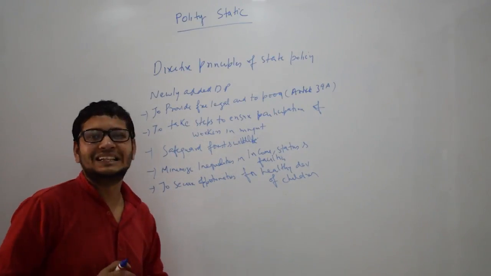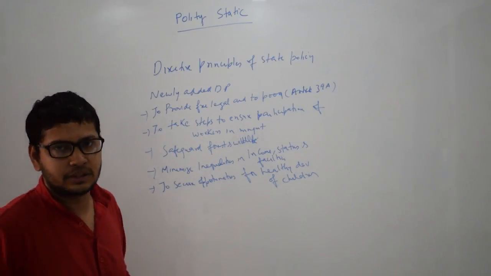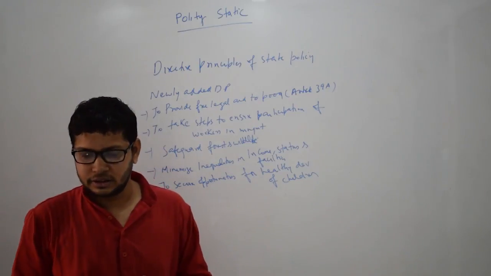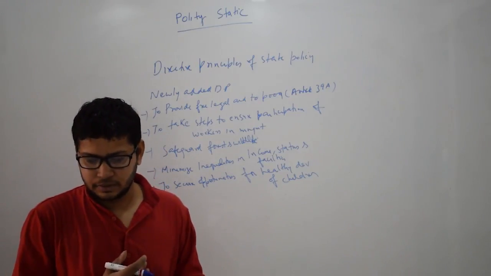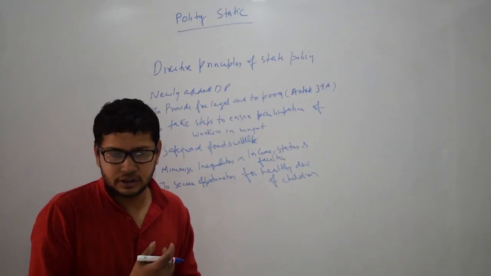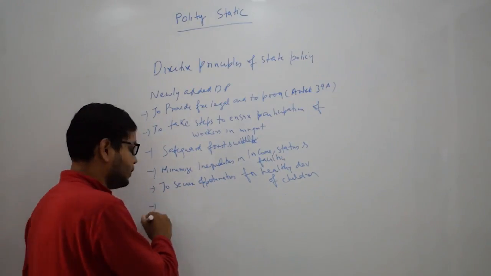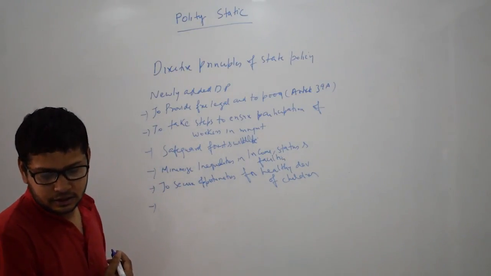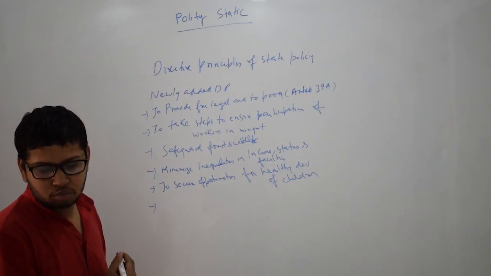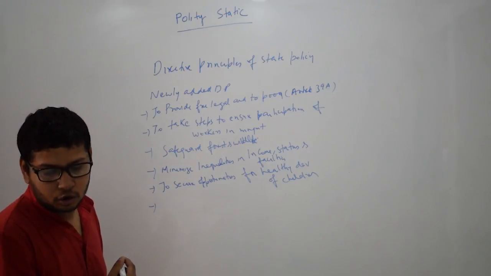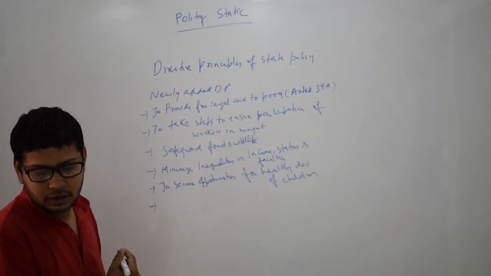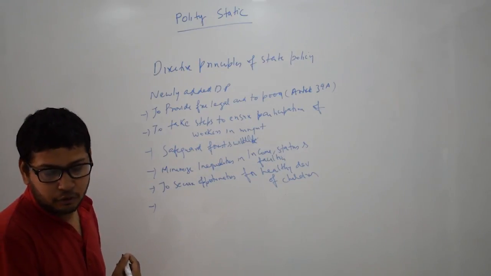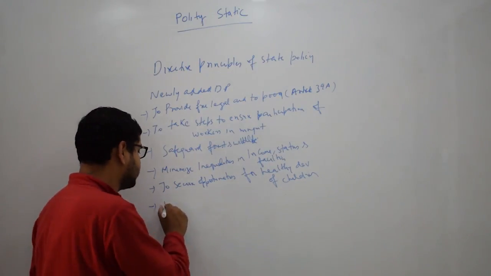One more, the most recent directive principle which is added, is Article 43B, which says to promote voluntary formation, autonomous functioning, democratic control, and professional management of cooperative societies.